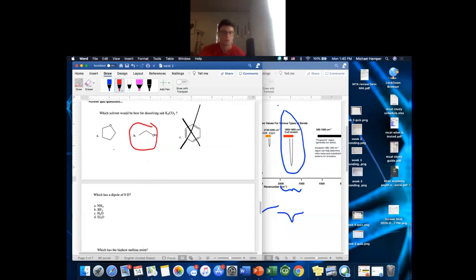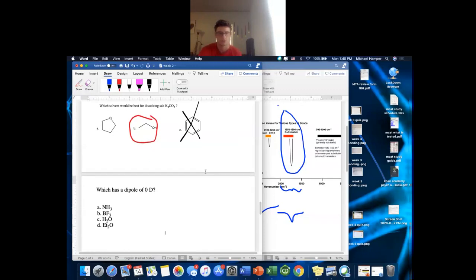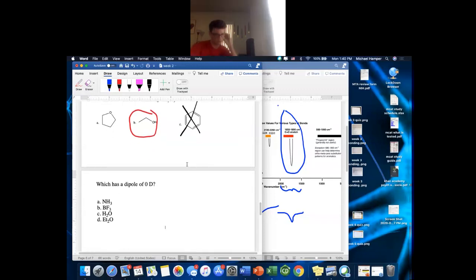All right, which one has a dipole of 0 D? Again, D is just nomenclature, a symbol for a dipole. B. It seems like everybody agrees with that. If you were to draw these out, you'd see that all the other ones have a net dipole.